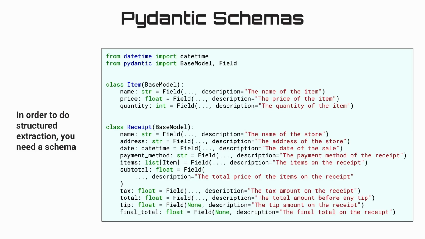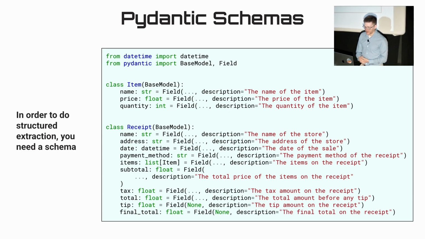So we're defining the schema that we're actually extracting from the receipt, and we can just declare it in terms of the fields that we want. Each item is an object, and the receipt is a list of items and a bunch of other data. What I like about this is that it forces you to sit down and understand what data you're actually extracting, and then make validation constraints on it.